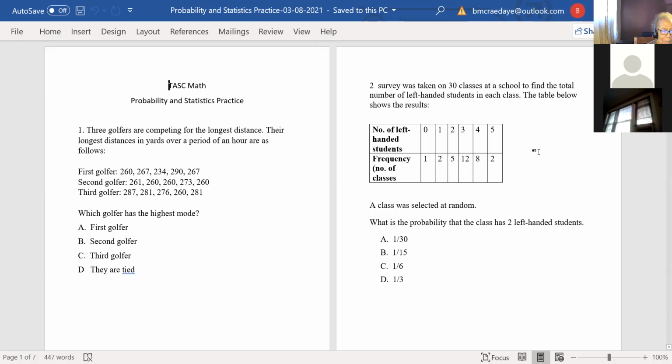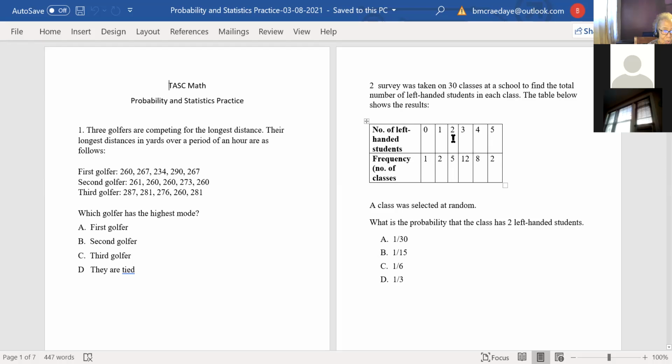So the probability that the class has 2 left-hand students would be right in this column. And it's 5 classes here. So you have to add up your total classes, right? And that's how you would solve that. So you need your total number of classes here.